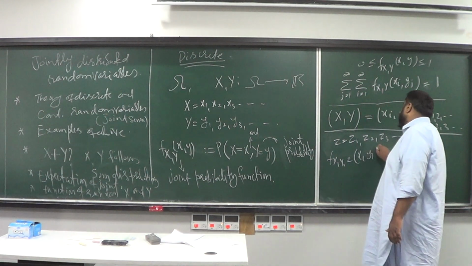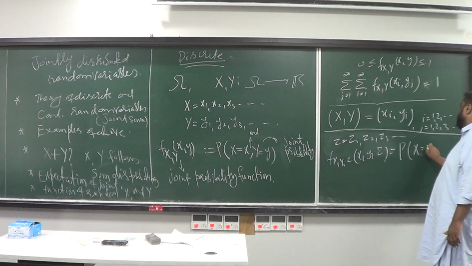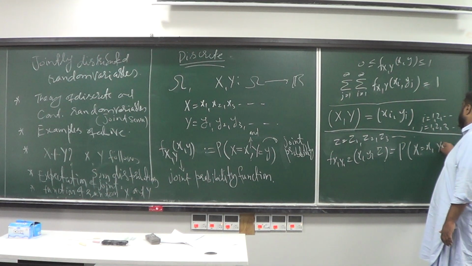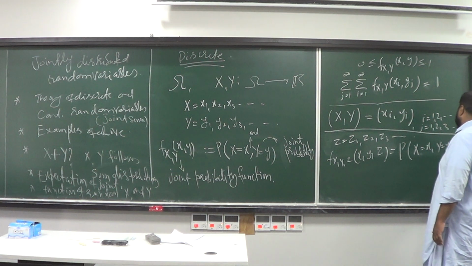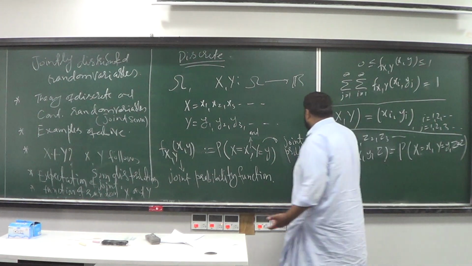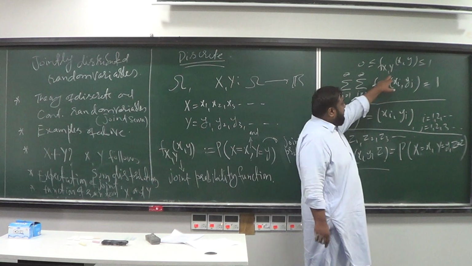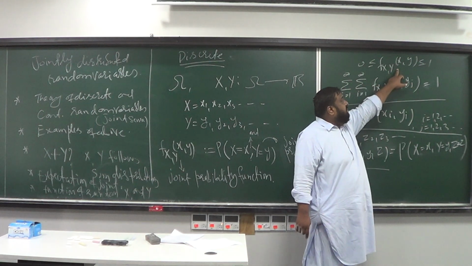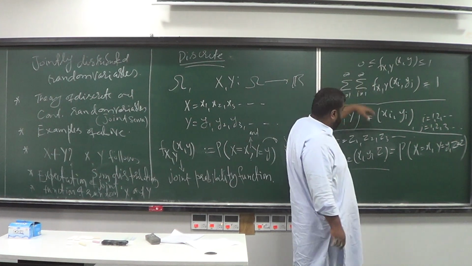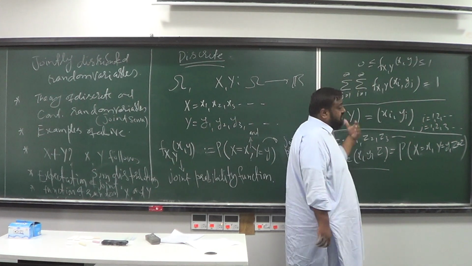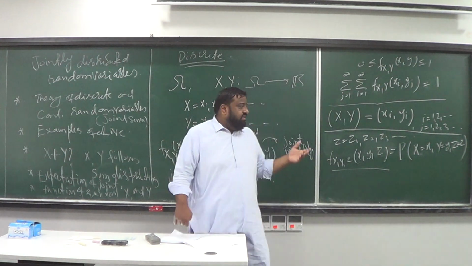This means that it is equal to the probability that x takes the value x, and y takes the value y, and z takes the value z. Similarly, the joint of 3 should satisfy that since these are probabilities, it should stay between 0 and 1, and the triple sum of all these probabilities should be equal to 1. This is the same as what you have in 2 dimensions.